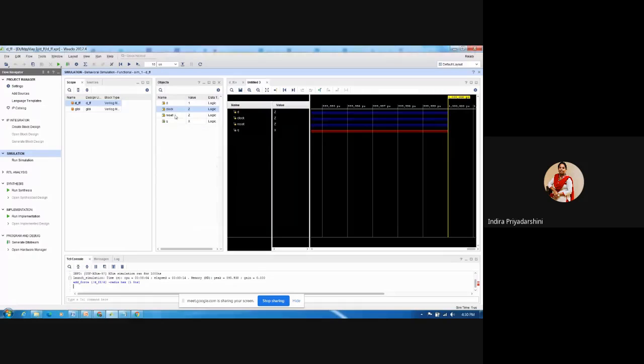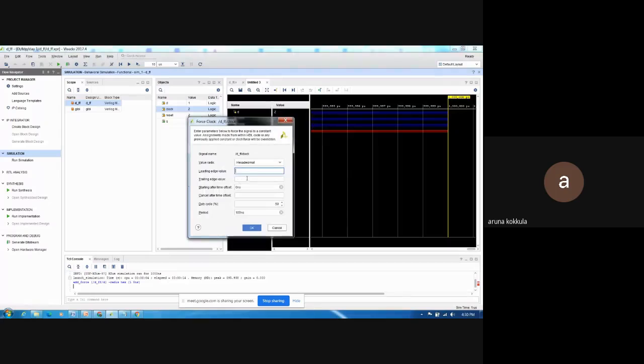Leading edge value, trailing edge value, starting time 10.